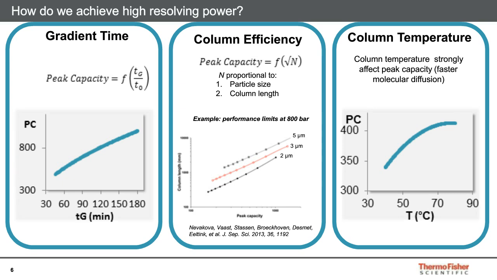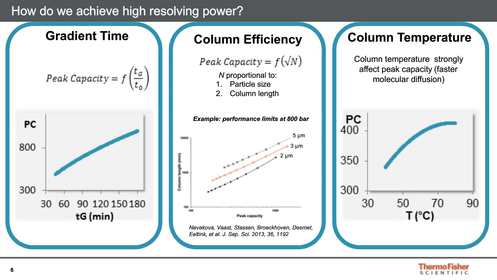So you can act on 3 different parameters. One is gradient time, the other is column efficiency, and the last one is column temperature. So we know that peak capacity is a function of gradient time. It increases with gradient time, and it is higher for long and shallow gradients, as you can see in the left figure.